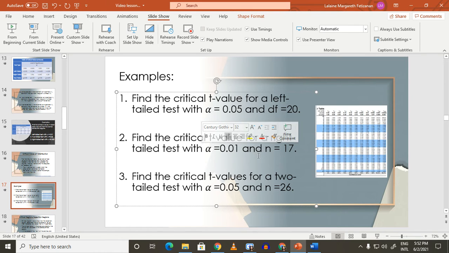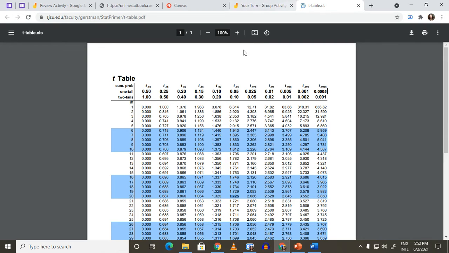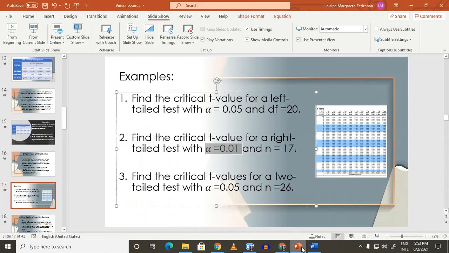Dito naman sa number 2, given is sample size na 17. Eh, di ba pag compute ng degrees of freedom, that is sample size minus 1. So, ang DF natin is 17 minus 1, it's gonna be 16. Alpha is 0.01, and then right tail. So, again, sa one tail tayo titingin. So, one tail, ang alpha natin again is 0.01.